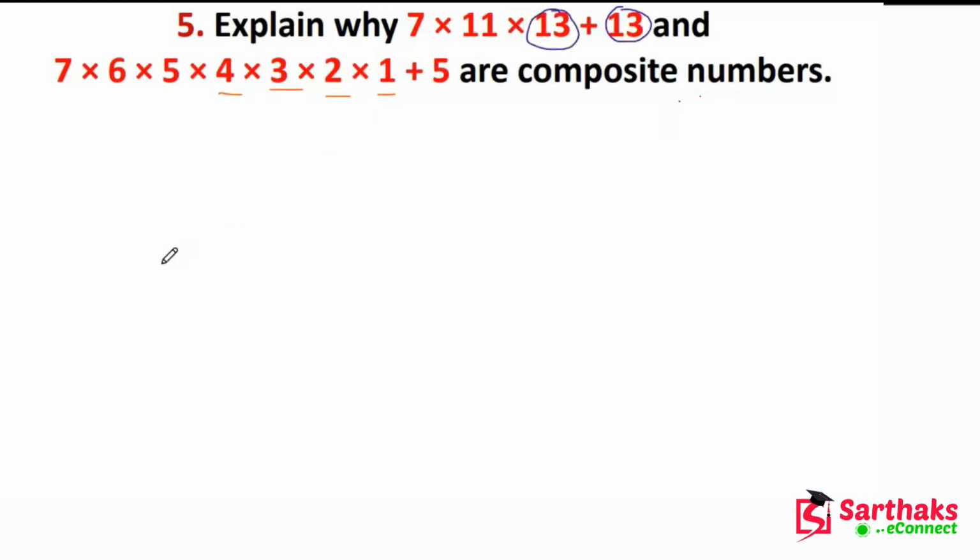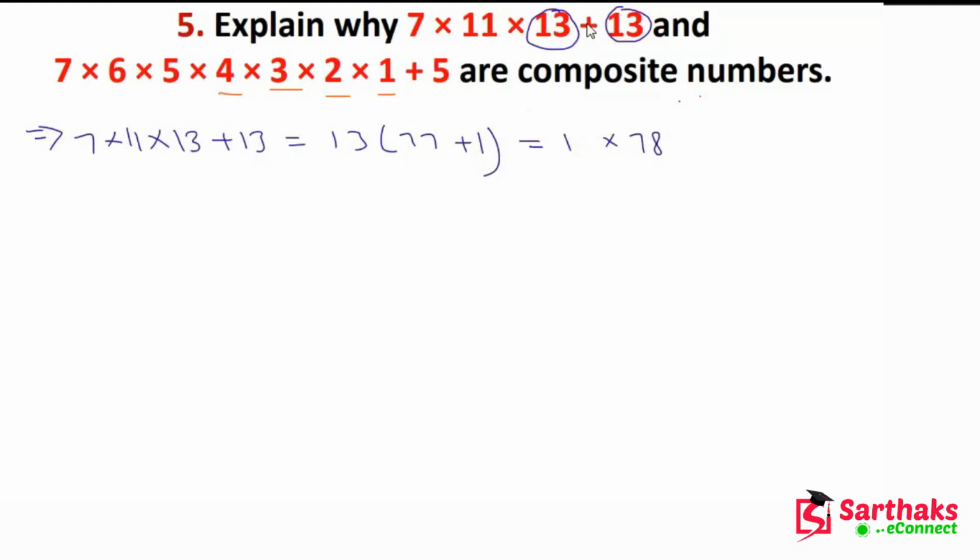Okay, now we get from here 7 into 11 into 13 plus 13, so we get 13 into 7 into 11 is 77. Okay, plus 1, so we get 13 into 78.